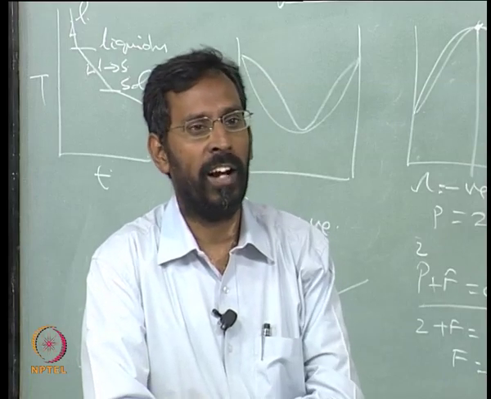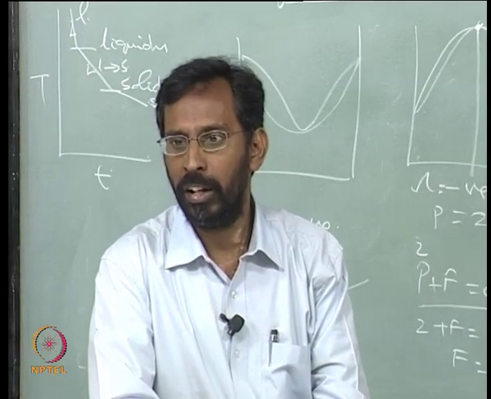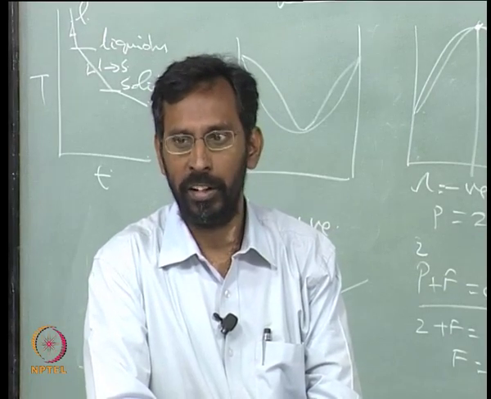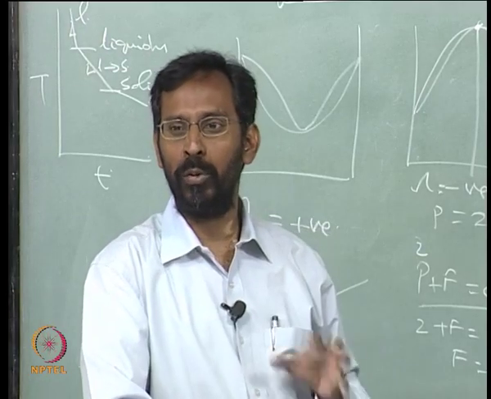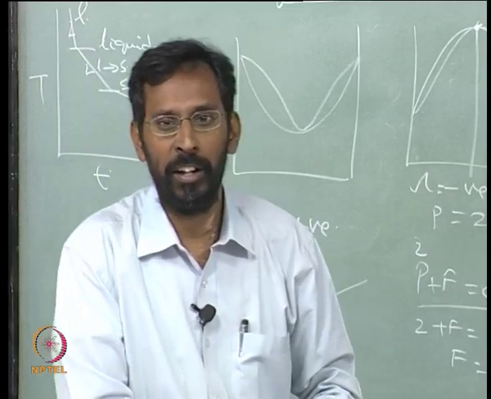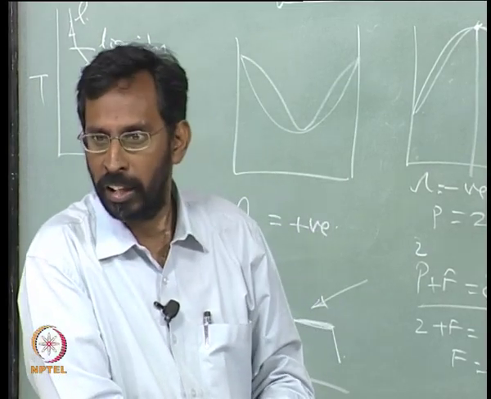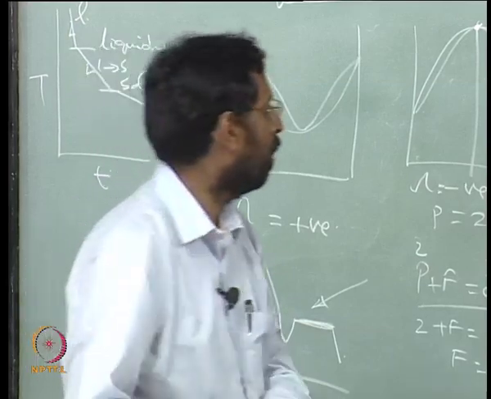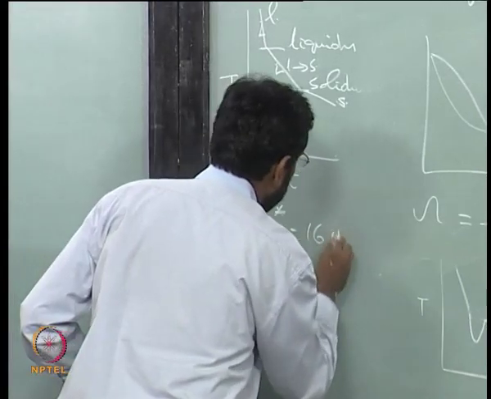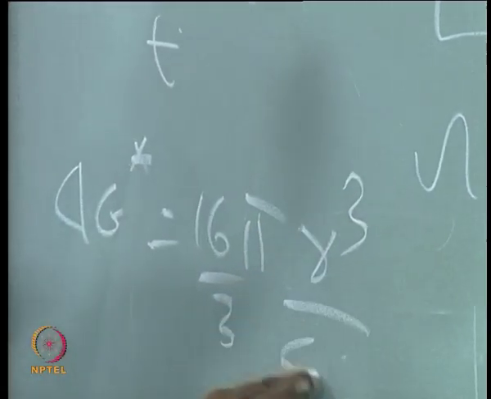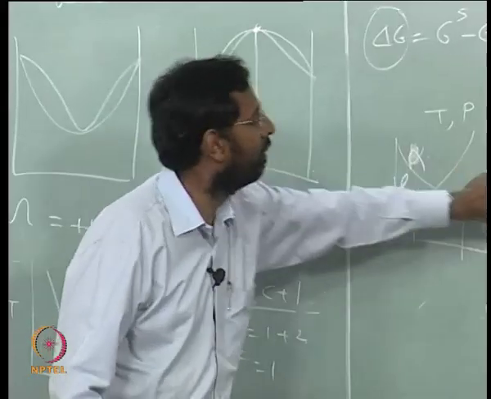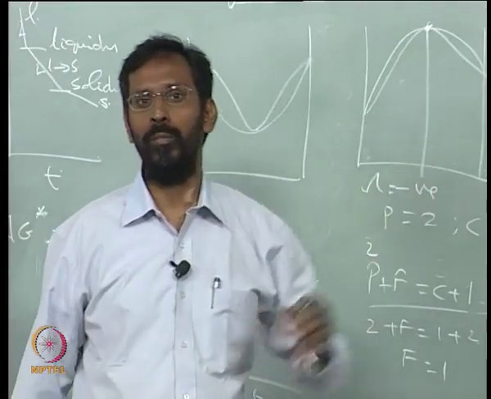Nucleation kinetics, delta G star is 16 pi by 3 into gamma cube by delta Gv square, and this delta Gv is this delta G that you see here, because that is the volume free energy change.